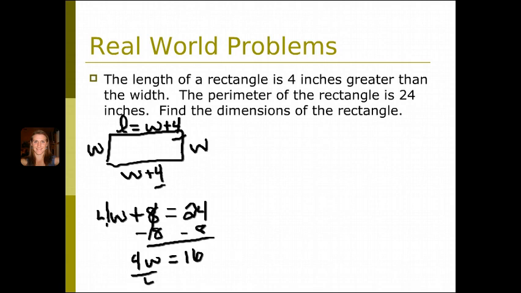Divide both sides by 4, and you're left with W equals 4. So if our width equals 4 inches, then our length has to equal 4 plus 4, which is 8 inches. Remember, it wanted the dimensions, meaning it wants the length and the width.